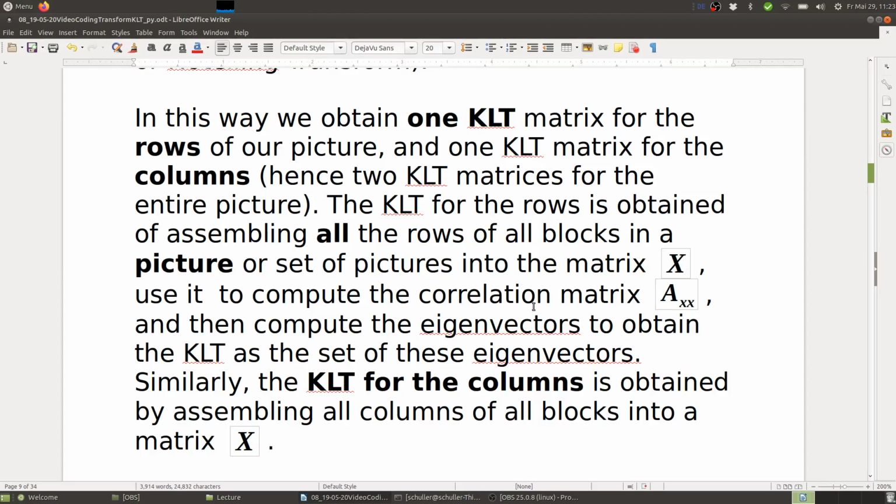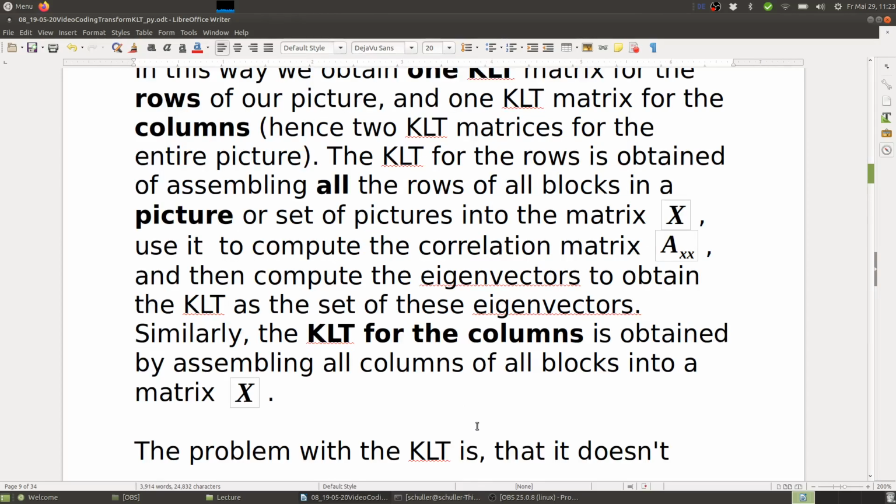Then we use it to compute the correlation matrix AXX and then compute the eigenvectors to obtain the KLT as a set of these eigenvectors. Similarly, the KLT for the columns is obtained by assembling the columns of all blocks into this matrix X.